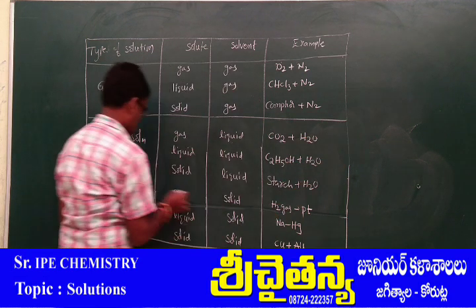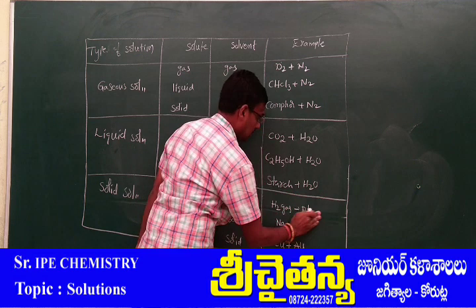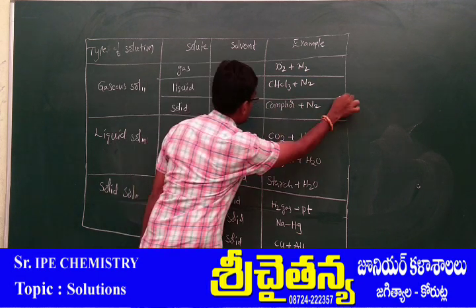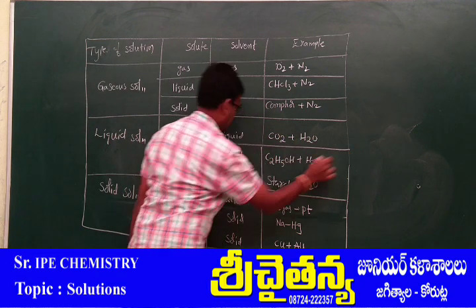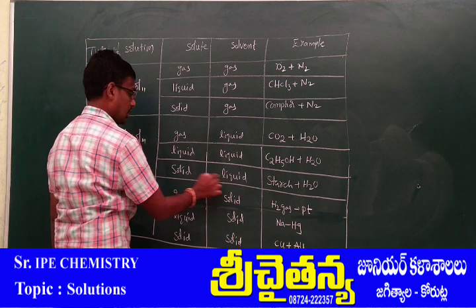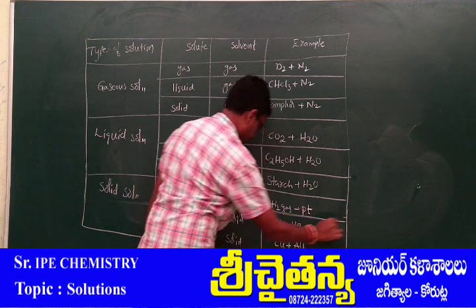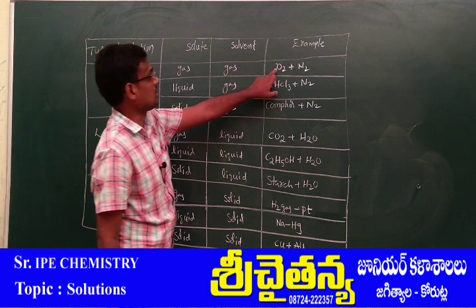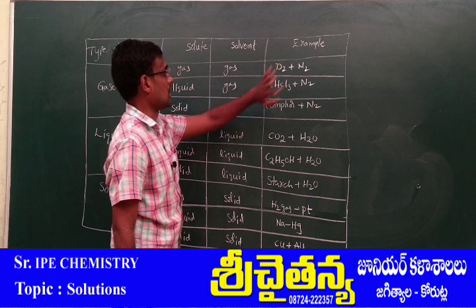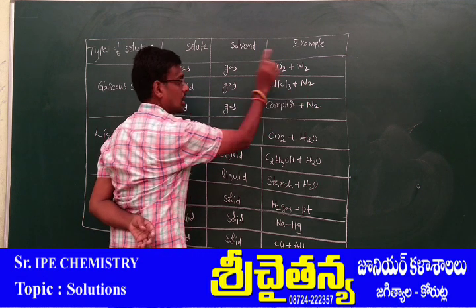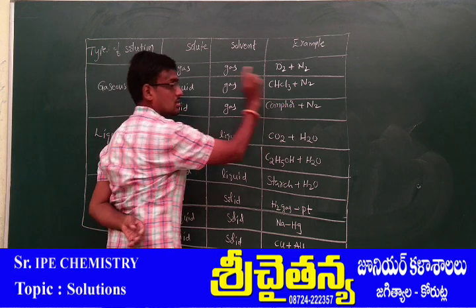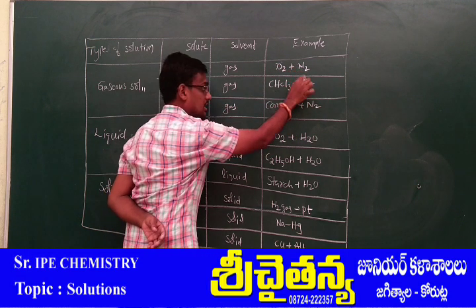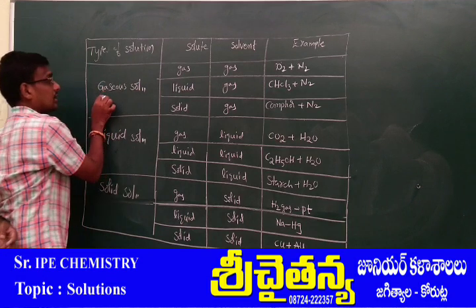In these examples, oxygen, chloroform and camphor are solutes, and the solvent is nitrogen in all three. Since the solvent is a gas, on the basis of physical state they are classified as gaseous solutions.